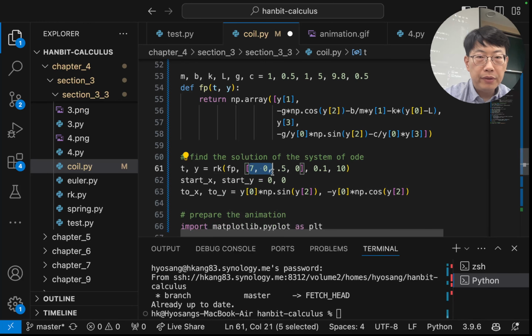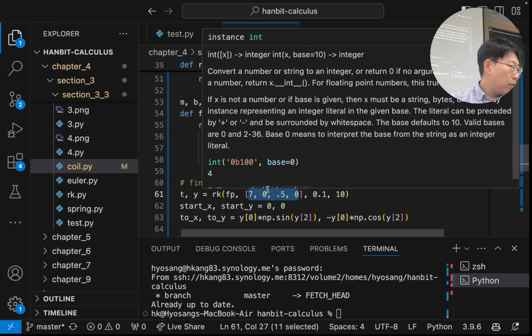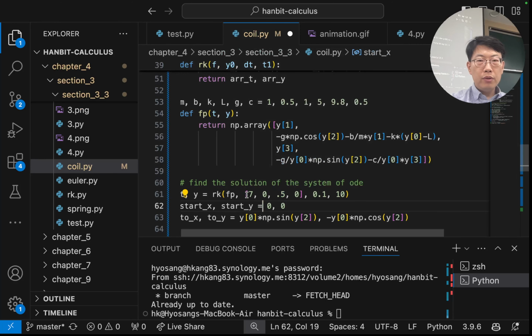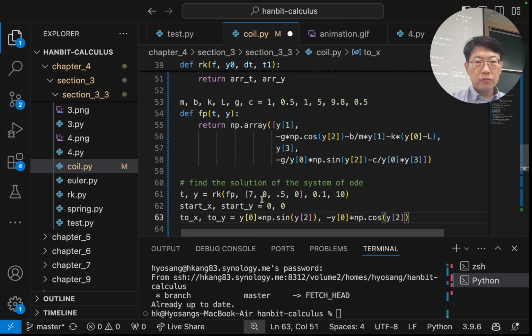Now let's solve it. I need to give the initial conditions in order to solve numerically. So y0, y1, y2, y3 are L, L prime, theta, theta prime. Originally L is 7, and L prime, the velocity of the spring motion, will be, let's see, how should I put it?